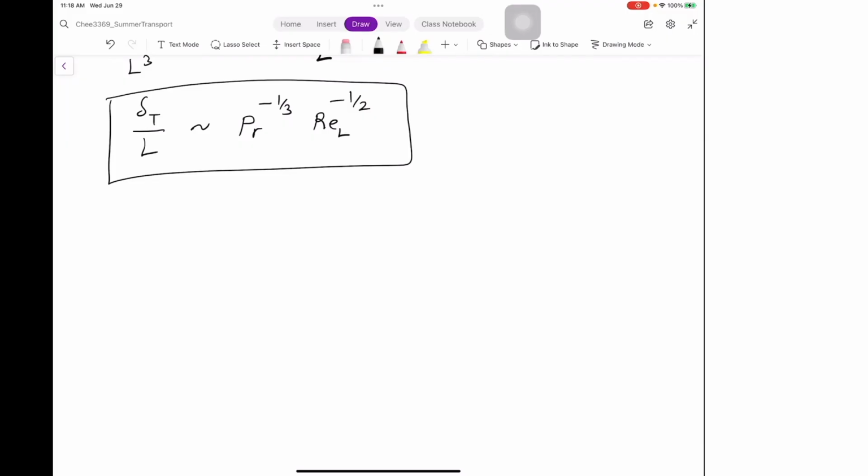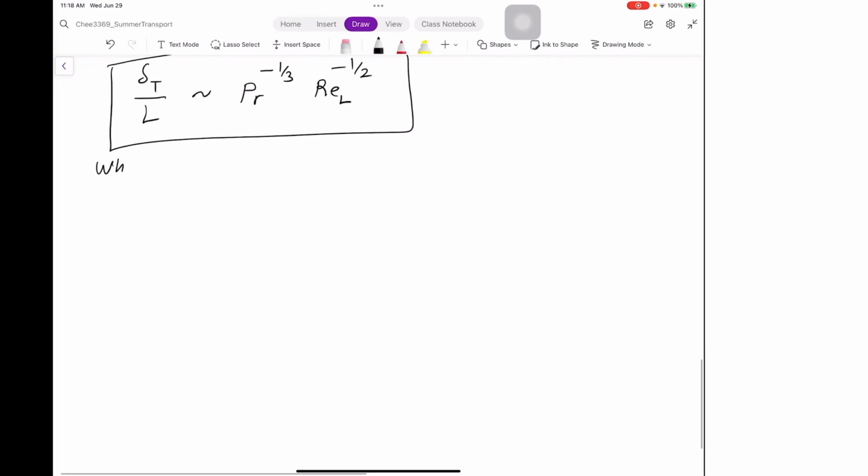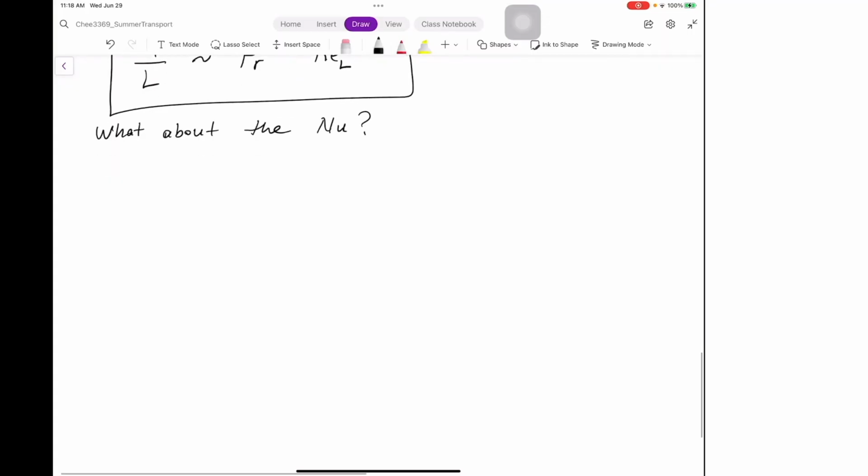But still, we desperately need the Nusselt number, not the delta T, right? The delta T is just a means for us to calculate the Nusselt number. So let's relate the Nusselt number that we desire. So that is HL, that's Nusselt number L, divided by K fluid.